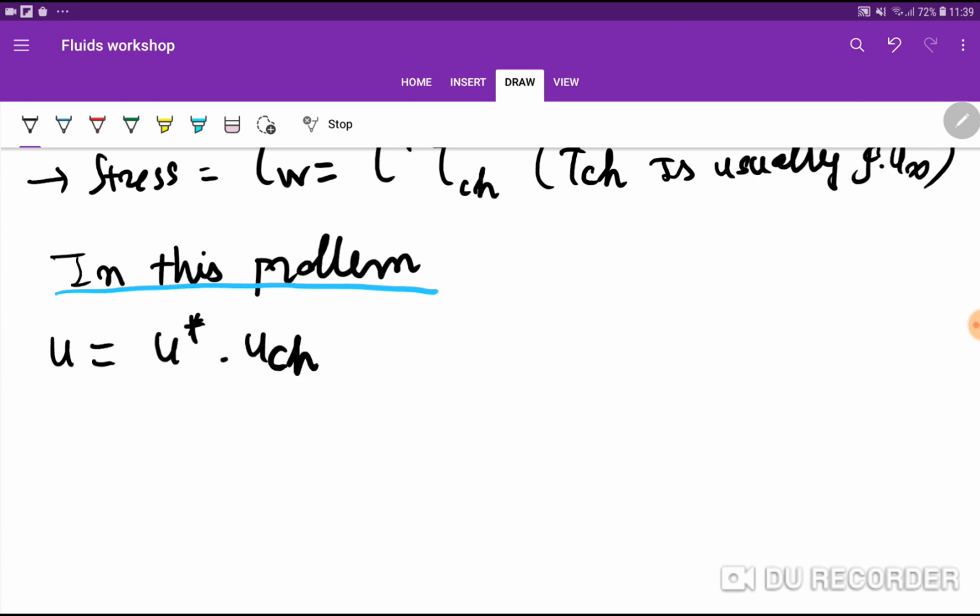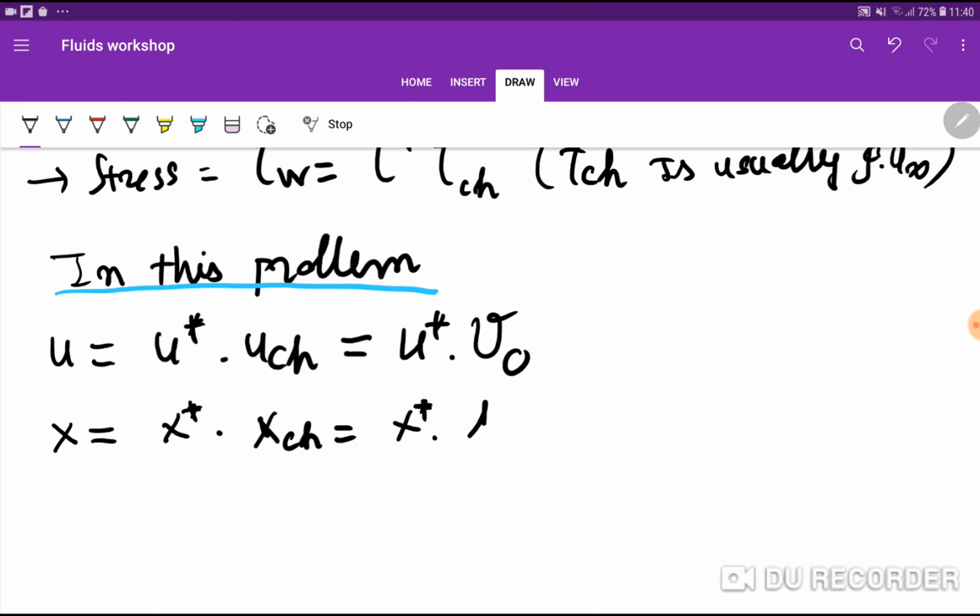And what does the textbook pick for UCH? The textbook picks V0 for UCH. Okay, and the next dimensionless group we can create is for our length x. So x is equal to x star times xCH. And what does the textbook pick for xCH? They pick h.